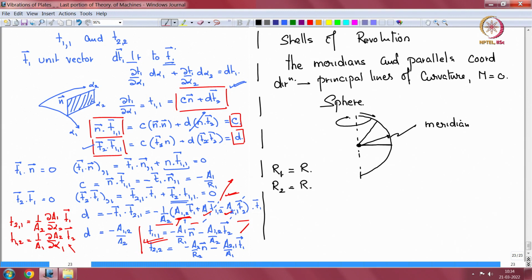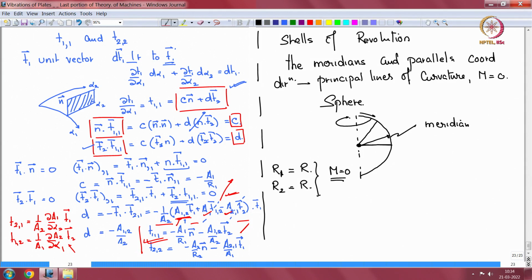So, both r1 and r2 are equal to r for the sphere, and these are the principal lines of curvature, and M will be 0 for this case.